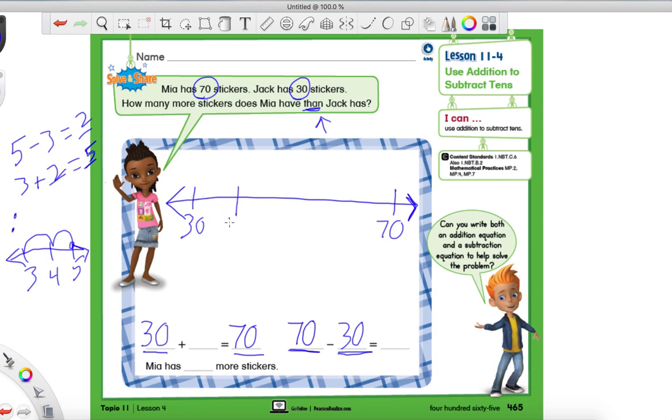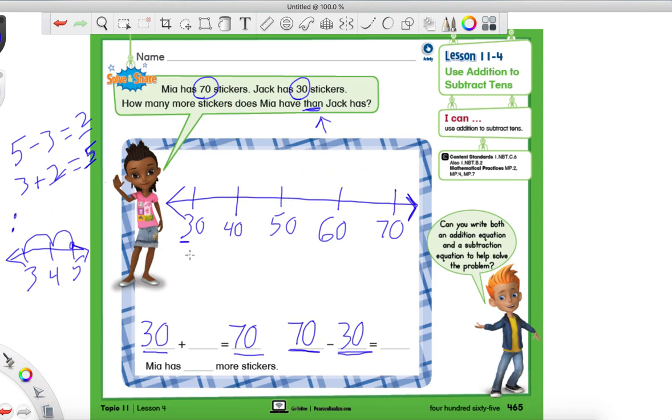So what's 10 more than 30? Remember, just changing the tens place by 1. So it goes to 40, then to 50, and then 60. And if you need to start all the way from 10 to get in the rhythm of things, that's fine. You say 10, 20, 30, 40, 50, 60, 70.